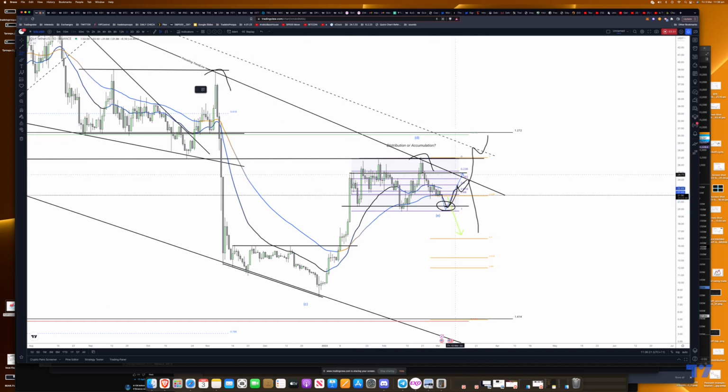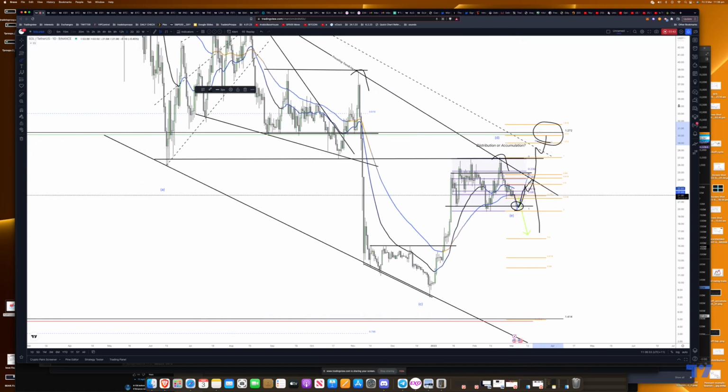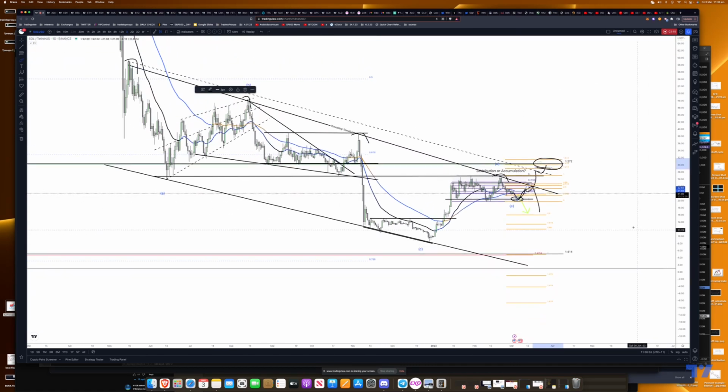There's a few scenarios where I do see this being bearish. You can see how this golden pocket could be an area of resistance. It could be a bit of a fake out, and it might mean just enough for Bitcoin to find its short-term target.